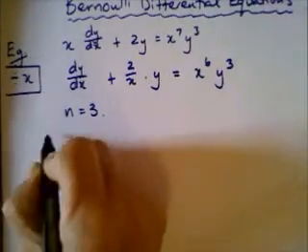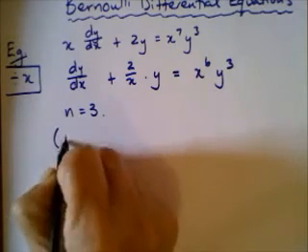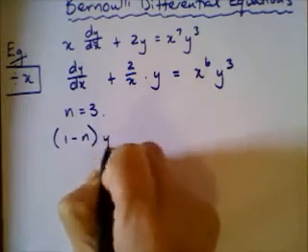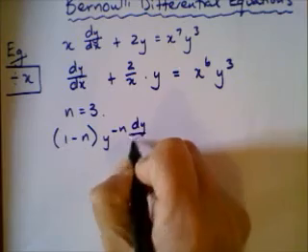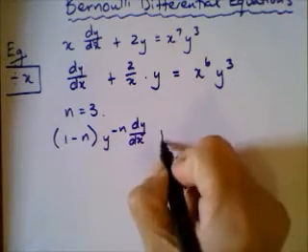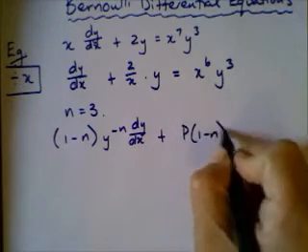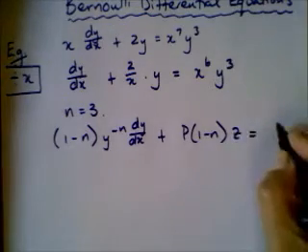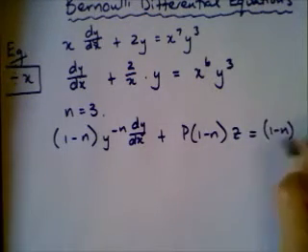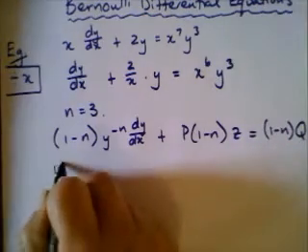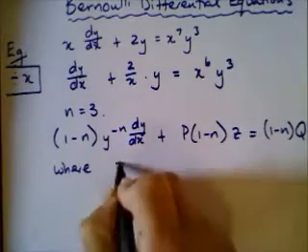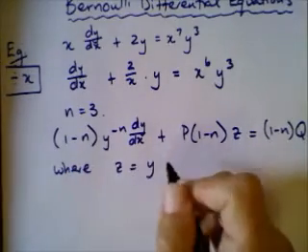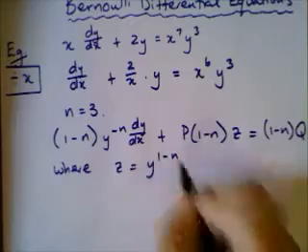And our general form for the linear equation that we converted looked like this: times z, 1 minus n q, where z is y to the power 1 minus n.